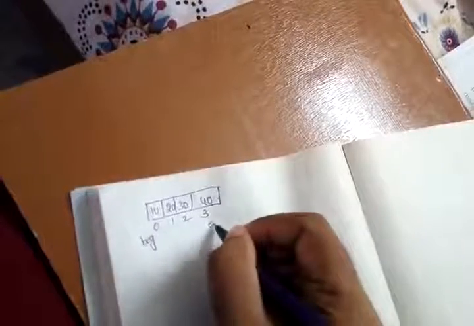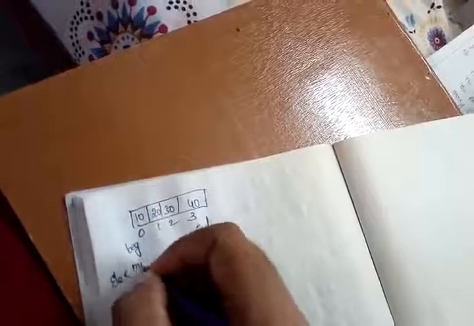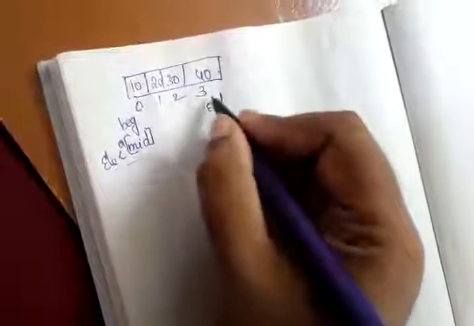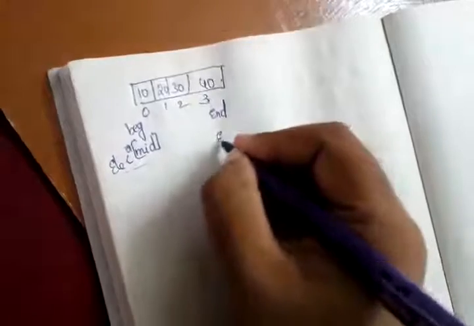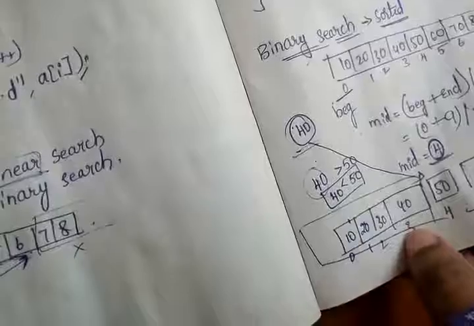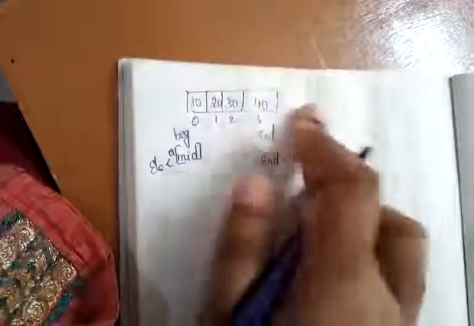Now the end index: when the element is less than the middle element, the index at the end of the array will become the element before the middle element, that is, end index will become middle index minus 1. So if you observe, middle index minus 1 will become your ending index of the array. So now again the same procedure repeats.